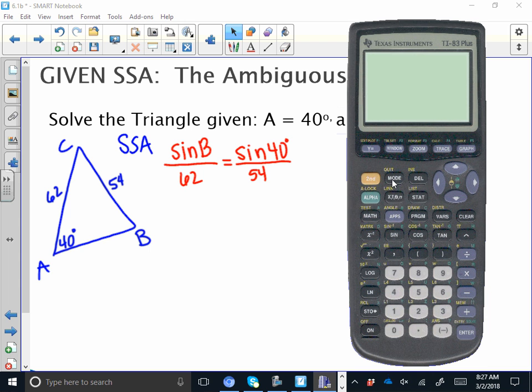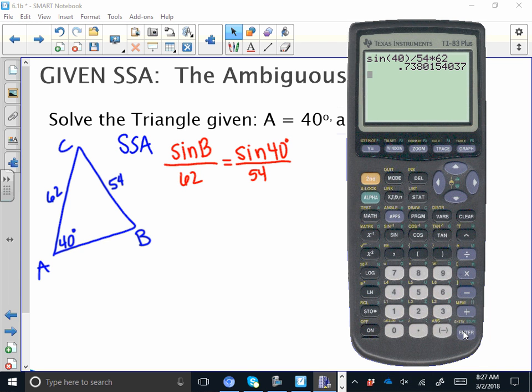Okay, so to get sine of B by itself, we need to take the sine of 40, close off your parentheses, divided by 54. That's what's on the right side. And then we would multiply that 62 over. Now we have the sine of B equals 0.738, and so on. How do we get angle B? Plug that number into the inverse sine. It's in your calculator.